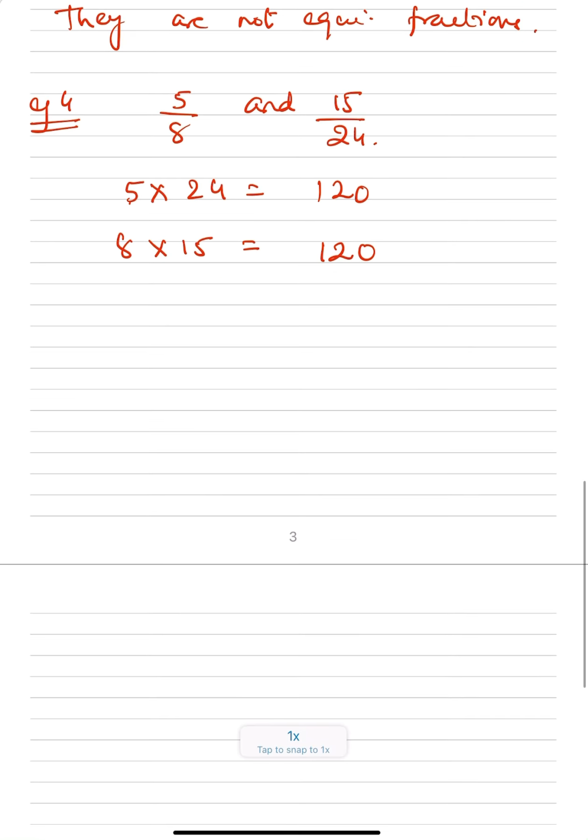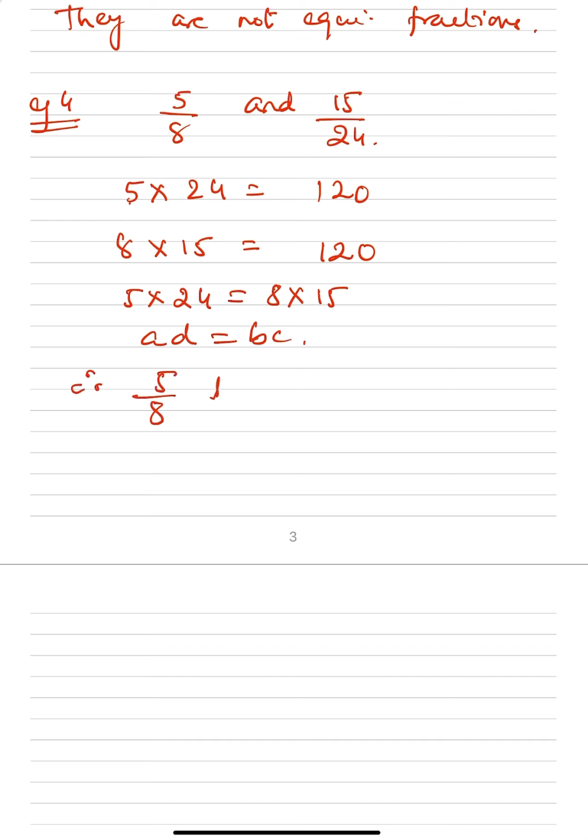Hence the products are equal. Therefore, 5 upon 8 and 15 upon 24 are equivalent fractions. This is the way you need to check equivalent fractions.